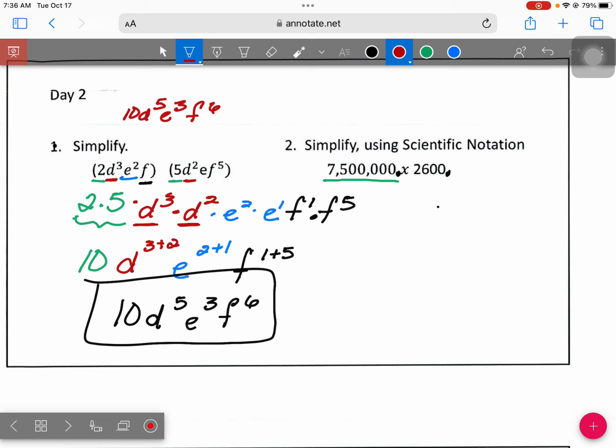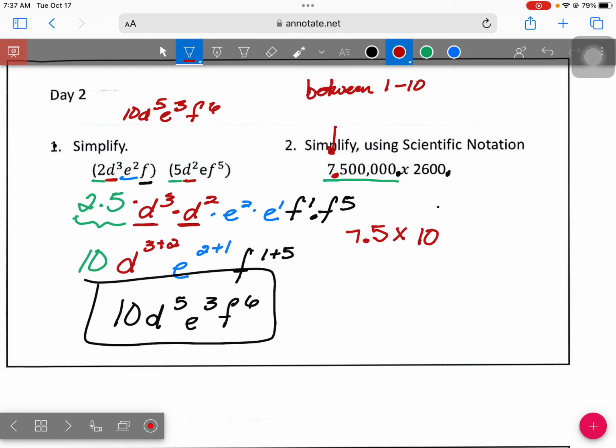Well, my first non-zero number is 7, so I put it immediately after that, because you want this first number to be a number between 1 and 10. So that becomes 7.5. Please write this down. 7.5, and don't worry about the zeros, times 10.